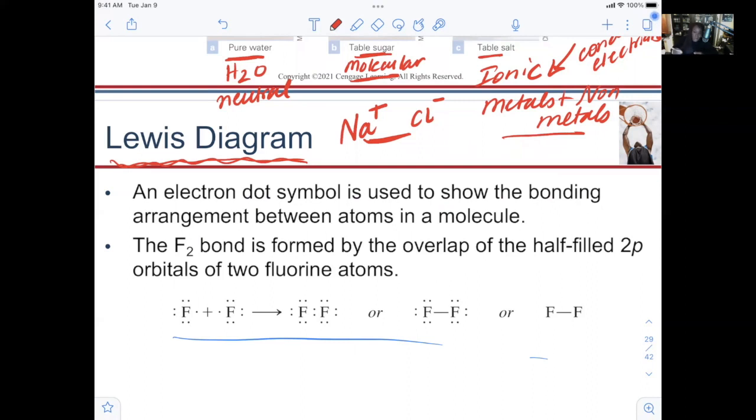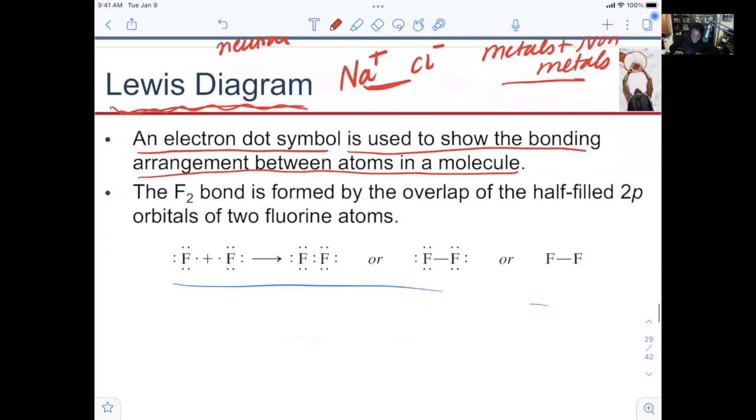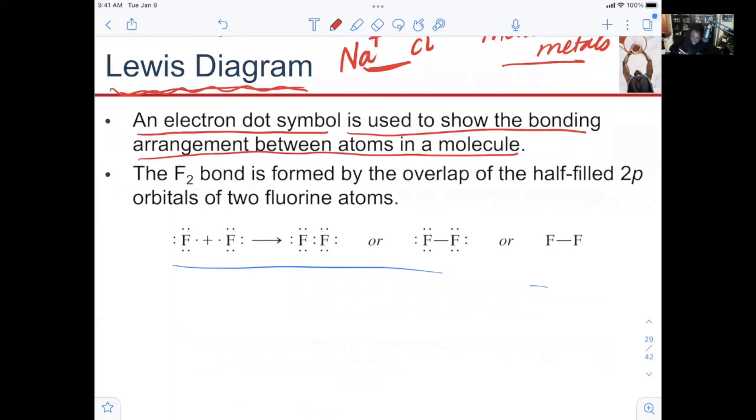From the Lewis diagram, we're able to see how elements connect with each other. So we're told it's essentially an electron dot symbol that is used to show the bonding arrangement between atoms in a molecule. So remember, the atoms are the building blocks that make up a formula or compound, okay? Now, what Lewis does is Lewis loves dots.